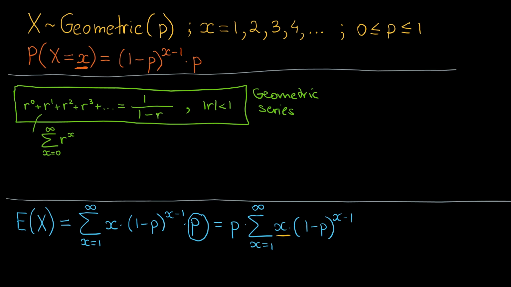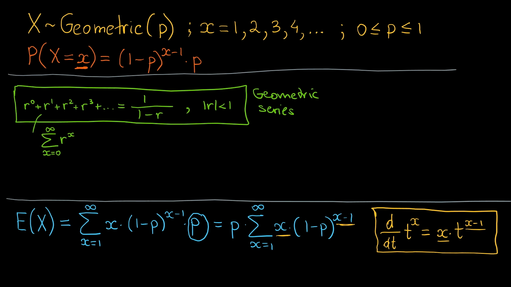There's an x here, and then the exponent is x minus 1, and that might just remind us of the fact that if we were to take the derivative of t to the power of x, that we would get x times t to the power of x minus 1. And you see that now, and you see that maybe taking derivatives here would somehow get us what we need.